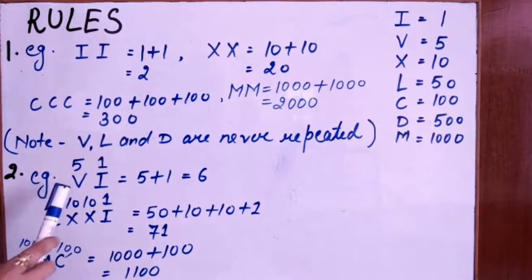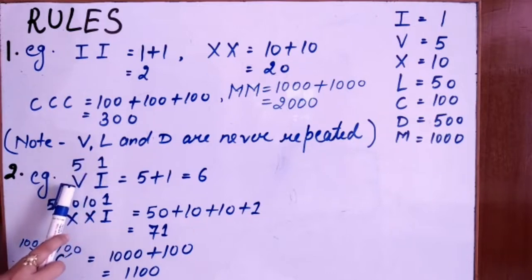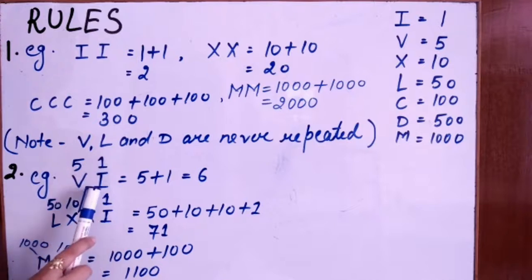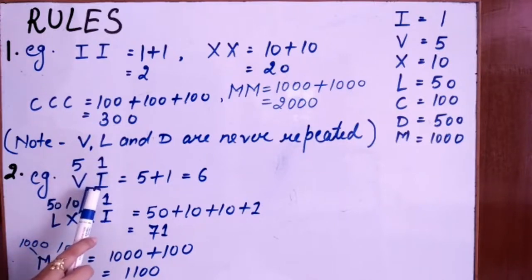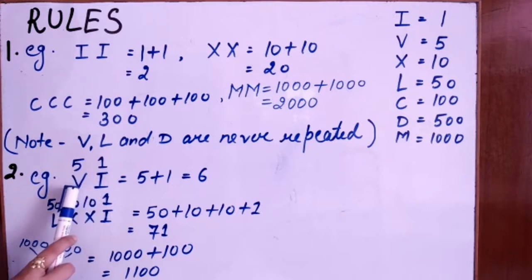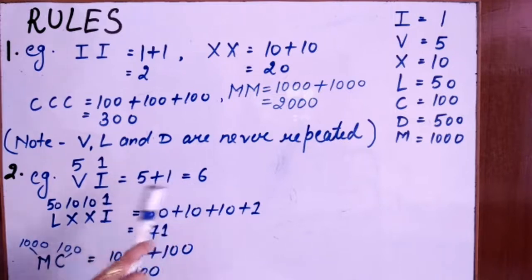How? Example, V and I. The value of I is 1 and the value of V is 5. We can see 1 is smaller than 5 and it is on the right side of V. So we will add 5 plus 1 is equal to 6.